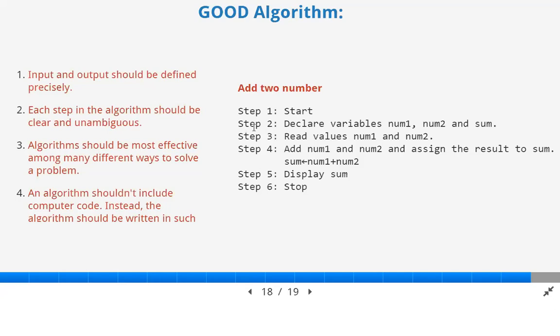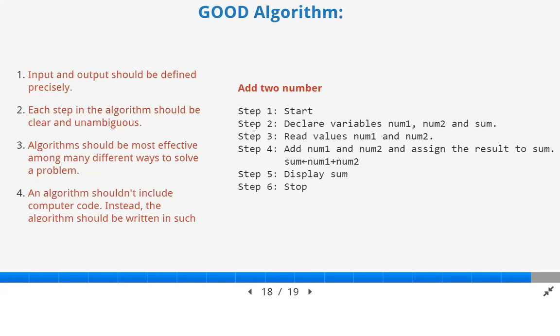Okay. Then next, the second requirement for a good algorithm is each step must be clear. So we have a simple example here for addition of two numbers. After we declare the variable and read the input from the user, then at step 4, we have the addition operation.